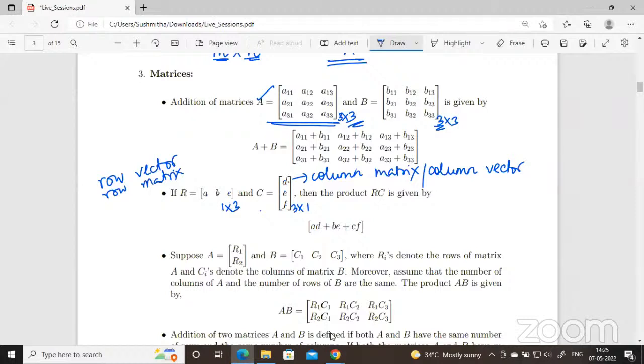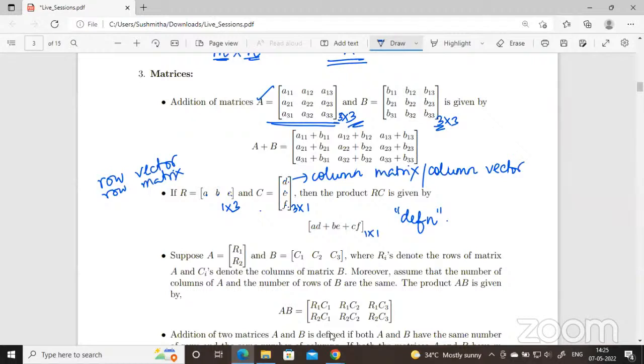So A into D plus B into E plus C into F. This is the definition. So I end up with a 1 cross 1 matrix, or just a number. This is how the product of a row matrix with a column matrix is defined.